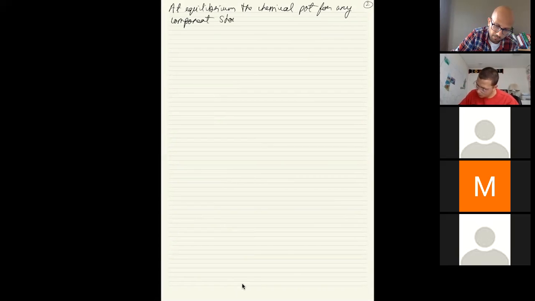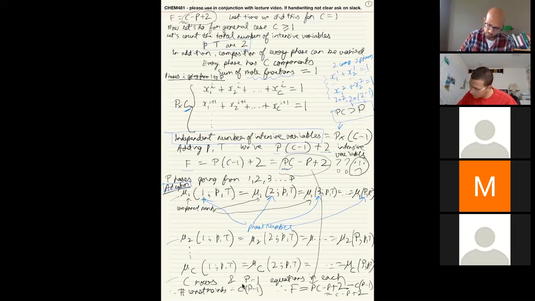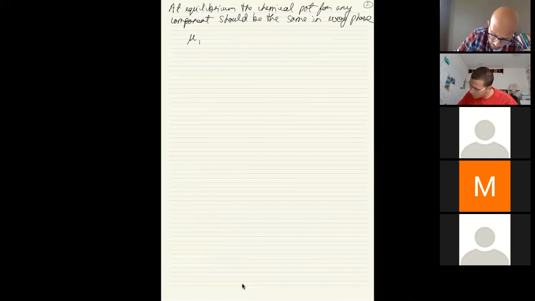What is the notation that we are using here? We are using the subscript as the component number. So chemical potential of component number 1 should be the same in some phase.